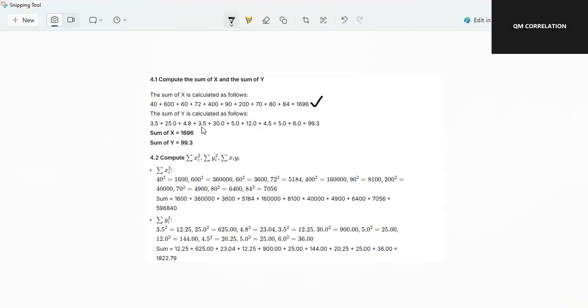Then summation of y is 99.3, correct, as has been given. We find the summation of x squared, we square each individual entry. 40 squared up until there, we get 70,56. That is our summation of x squared. And summation of y squared, we get 1822.79.